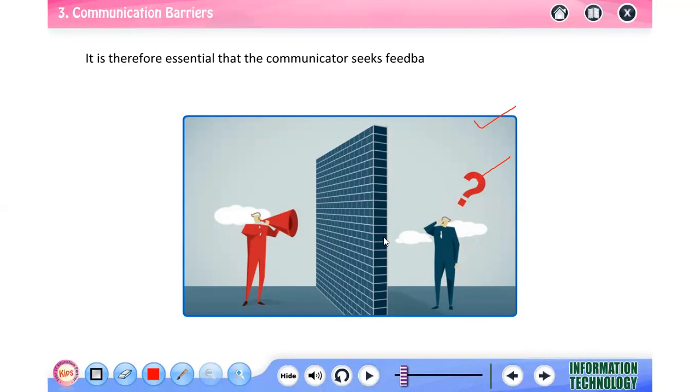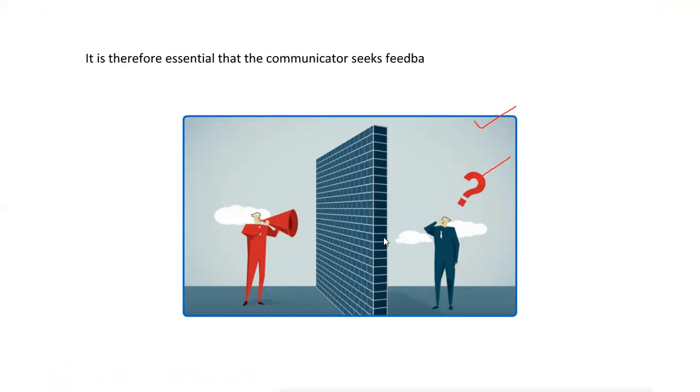So the introduction is that a communication barrier is nothing but an obstacle between the sender and the receiver to communicate the message. If a message is not understood clearly, it may lead to communication gaps. If there are any communication barriers, then the communication will not be fruitful. As a result, the communication will fail.